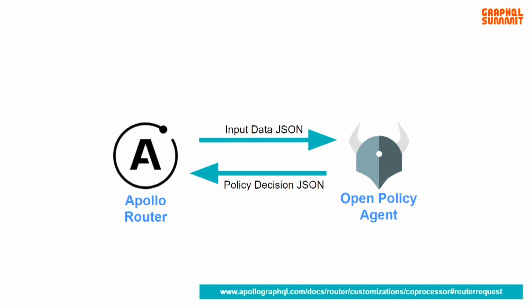So OPA checks that claim, that client ID, to see if the queries, the mutations, the subscriptions, the types and fields within that operation are all allowed for that client, and it returns a decision, either accept or deny in the case of our demo.